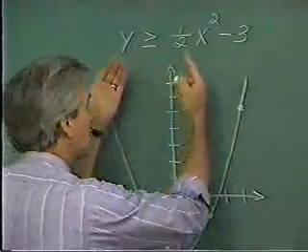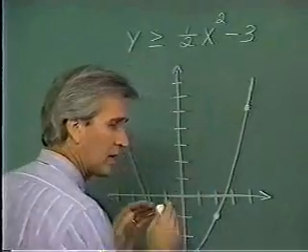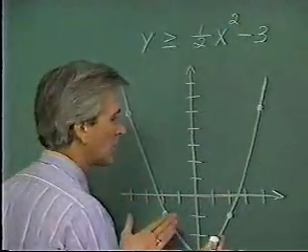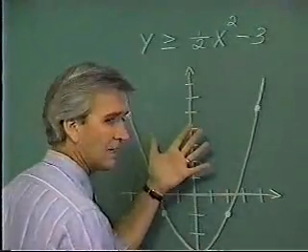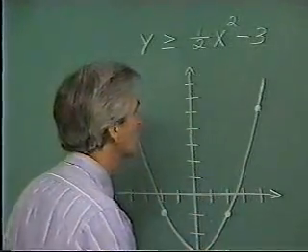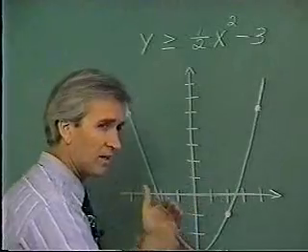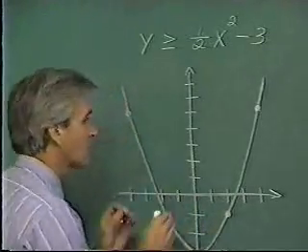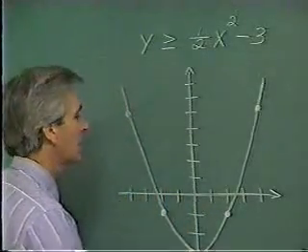Now, the graph of the inequality will turn out to be a region of our coordinate system that is on one side or the other side of the graph of the equation. The equation graph is simply the border of the solution for the graph of the inequality.